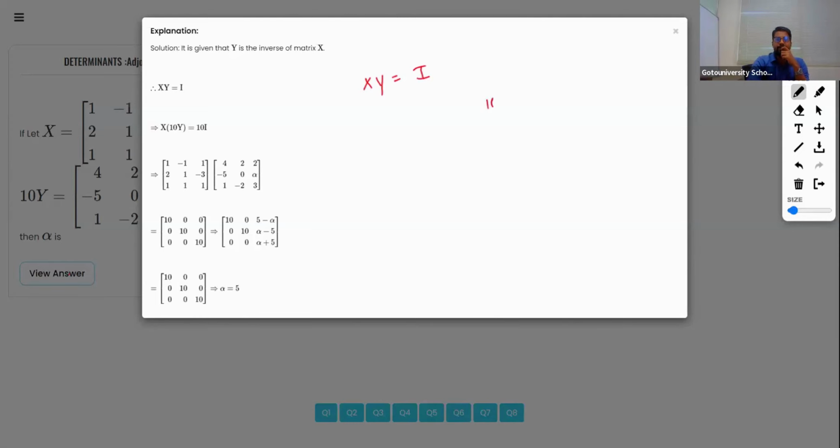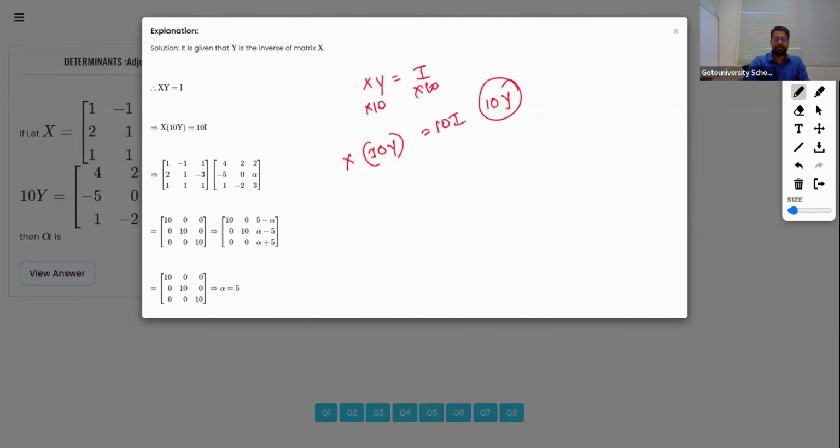Now they have given 10Y in the problem. So to get this 10Y, we multiply by 10, a very simple approach. 10 is multiplied to the previous equation. If we multiply 10 to this, we end up with 10Y into X. As we can multiply a scalar anyway, you can easily bring this.